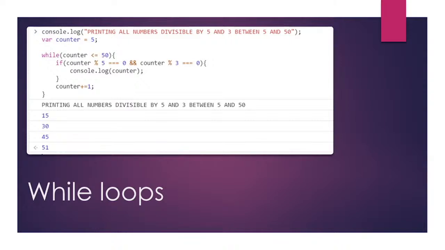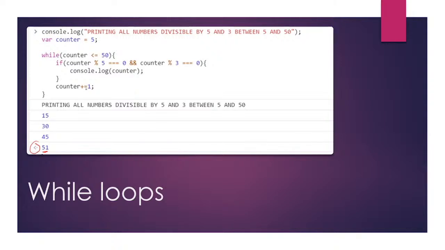Okay, so it checks whether a particular number which I'm using as a counter is divisible by 5 and 3 or not, and if it does, then it prints that number as it prints here, 15, 30, 45. Okay, well, this 51 is not a part of this console.log statement because console.log never returns it, and 51 is returned. Well, what is the 51?